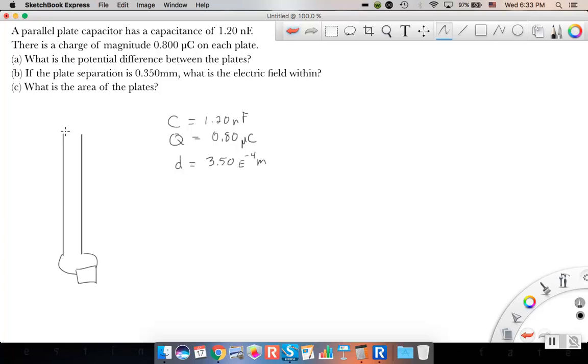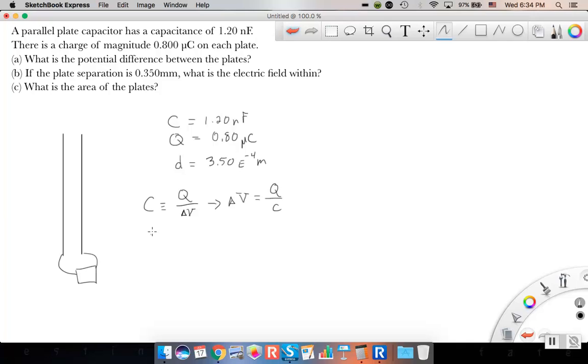Okay, our first question is what the potential difference is. So the equation that should probably come to mind immediately is the definition of capacitance. If we rearrange this equation, that gives you the voltage across the plates directly.